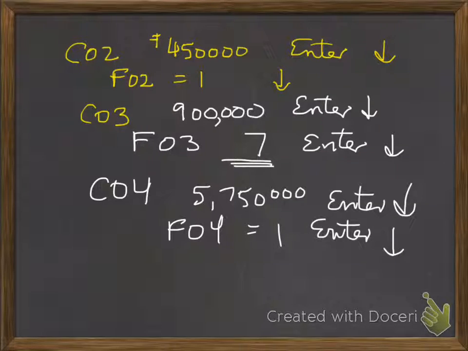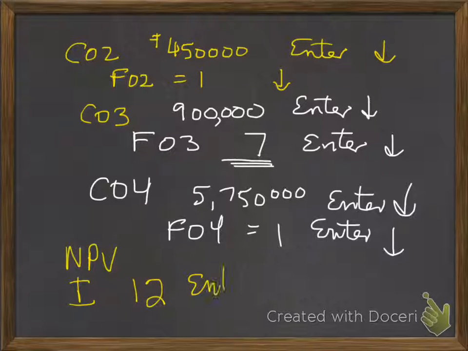And now we are ready to do some calculations. So we're going to press the NPV button, and the first item that comes up for NPV is I, and you're going to enter in the interest rate that you're going to be using, and that's going to be 12. So press 12 and enter. The interest rate is 12% effective.